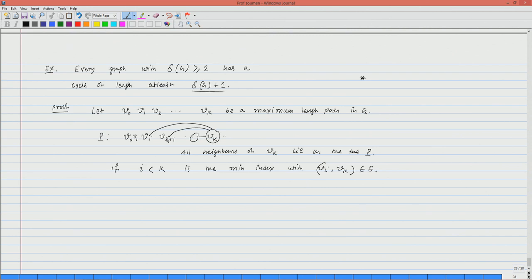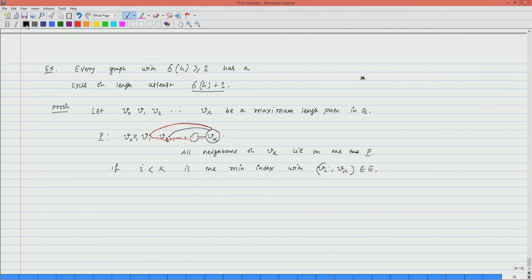Then what you can do is that you form a cycle, right. This is the largest cycle that you can construct here.